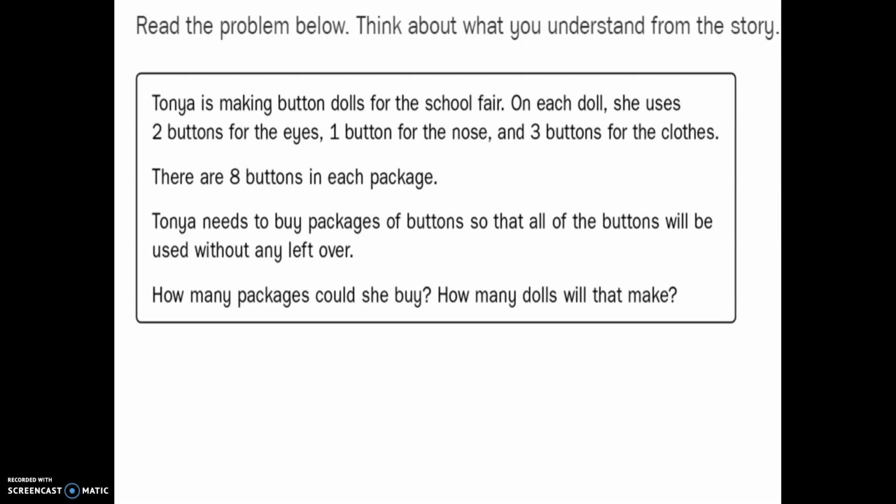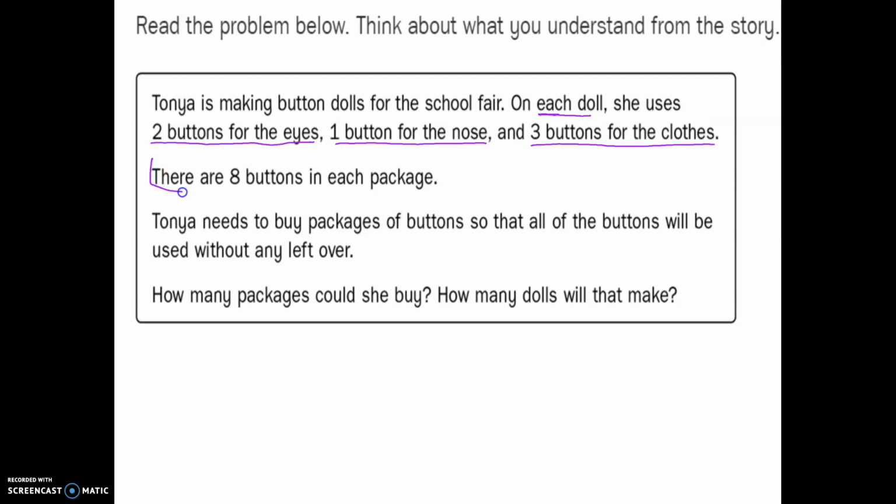Well, let's think about what we understand from the story. She's going to make button dolls. On each doll, she uses 2 buttons for eyes, 1 button for the nose, 3 buttons for the clothes. So that's what she needs to put on each doll.